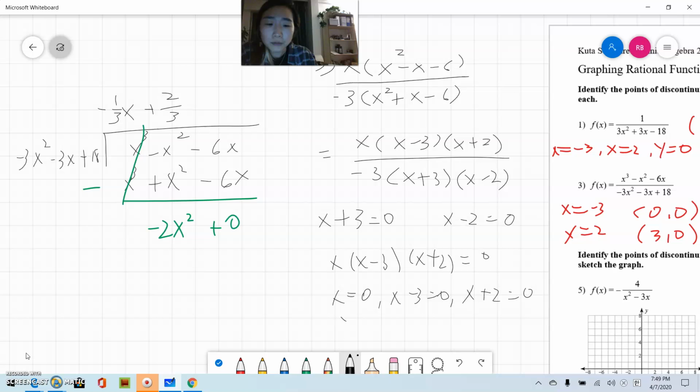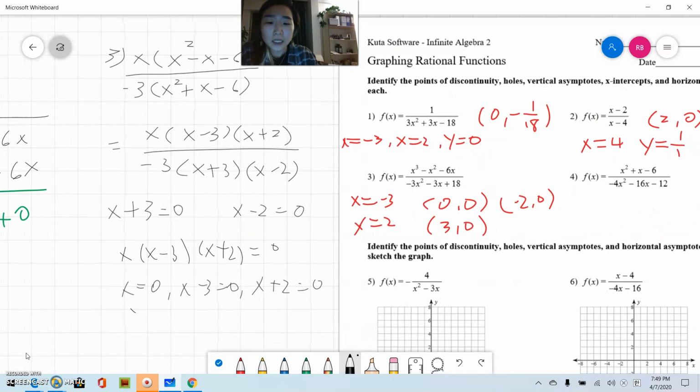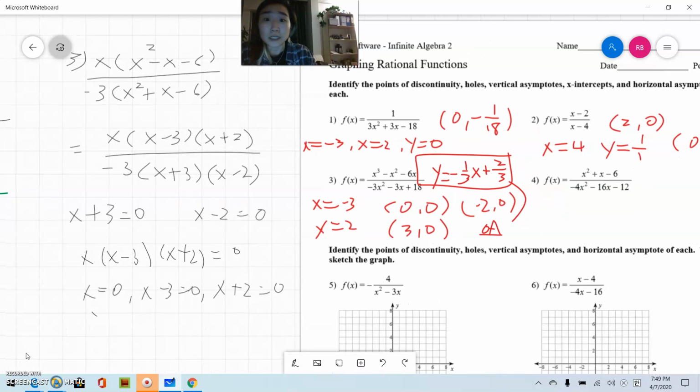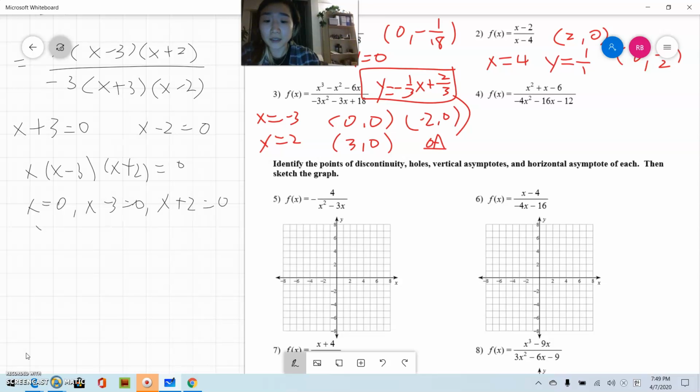But the oblique asymptote is negative 1/3 x plus 2/3. This is the oblique asymptote for number 3. Okay. You're not going to see that kind of question on the quiz. I'm just happy you know how to find everything.